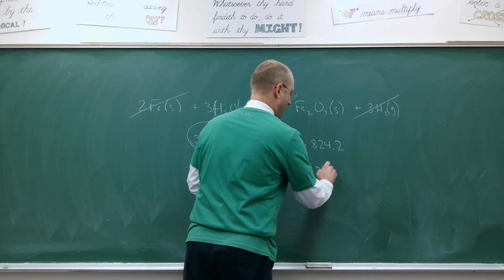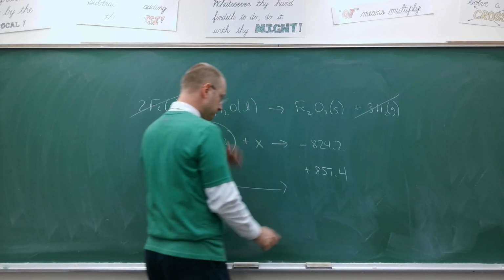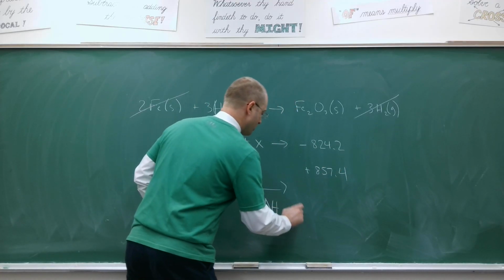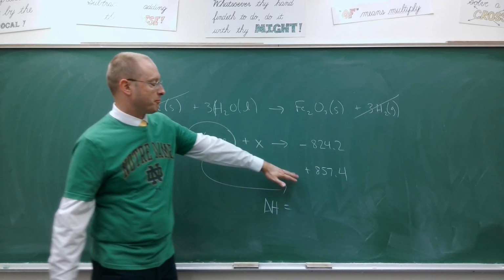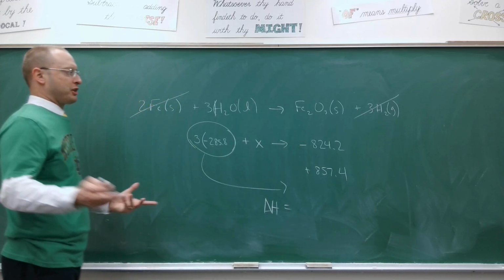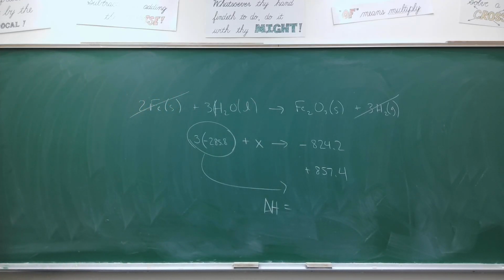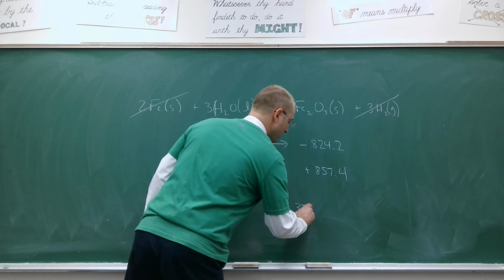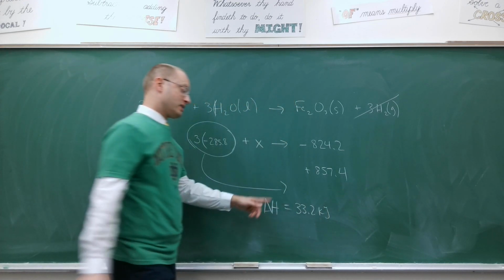But we're going to move it over to positive 857.4. And so our change in enthalpy is going to be the positive 857.4 plus that negative 824.2. It's going to be like 30 something, 33.2 kilojoules.